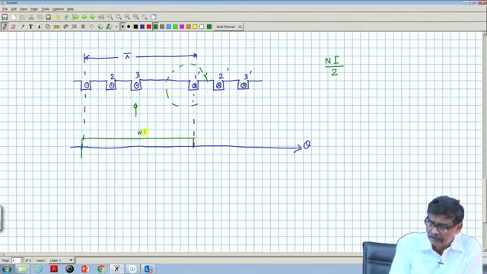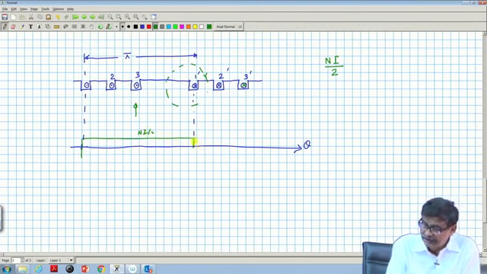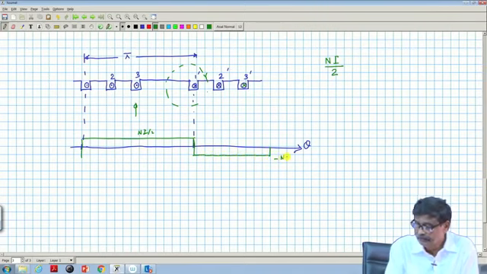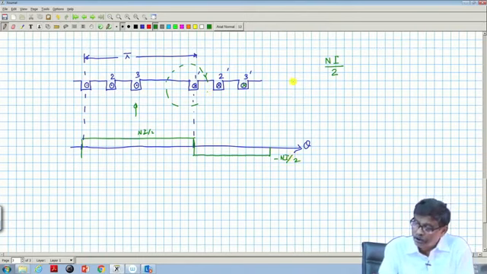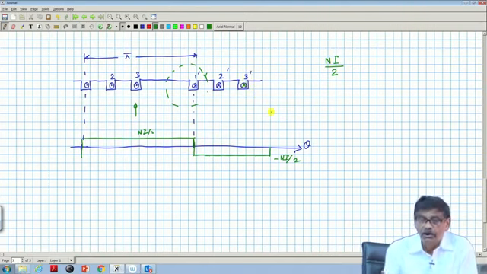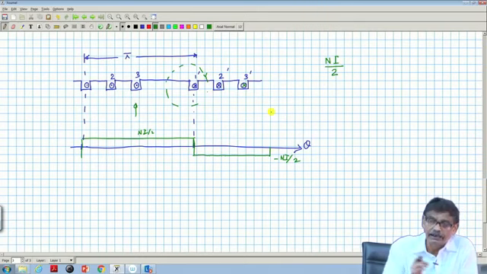So, it will be Ni by 2, and then in this upper part what will happen? Minus Ni by 2. Because 1 is here, once again dot, so it will be directed downwards. So, for one coil I know, therefore, I will do the same thing for the second coil and third coil.